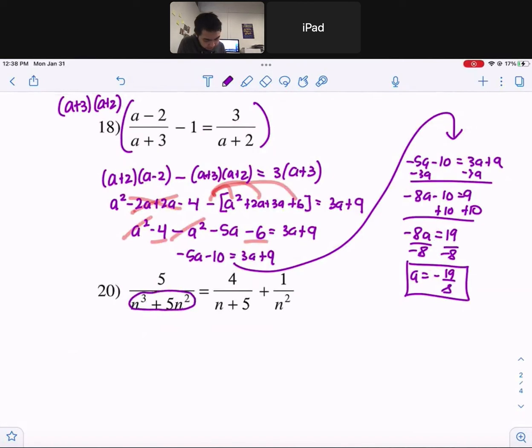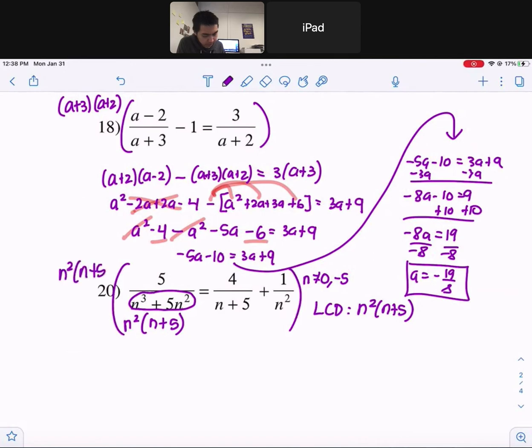Okay, this, you guys gotta factor out n squared to get n plus 5. So n can't be 0 and it can't be negative 5. So our LCD for this problem, you guys, is n to the second times n plus 5. So multiply both sides by the LCD.